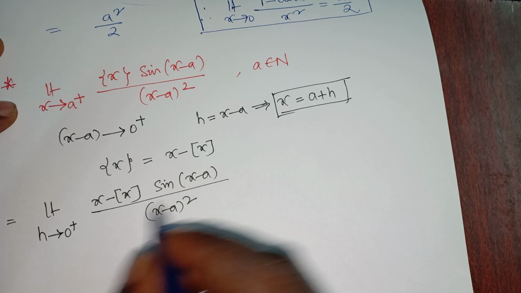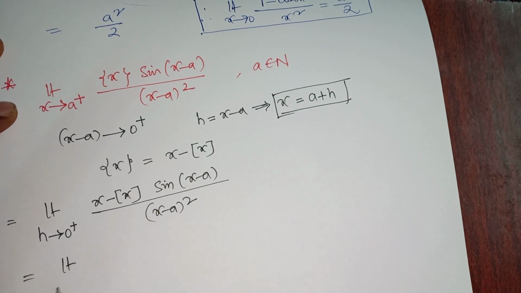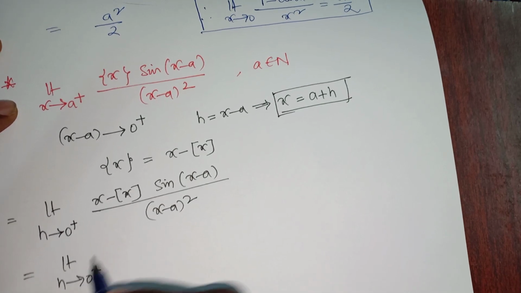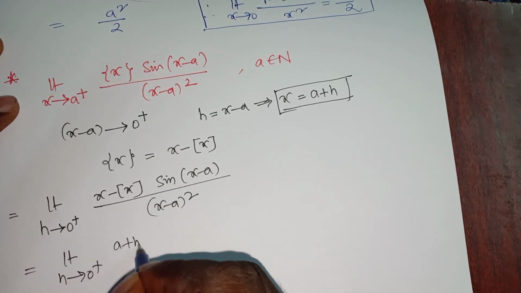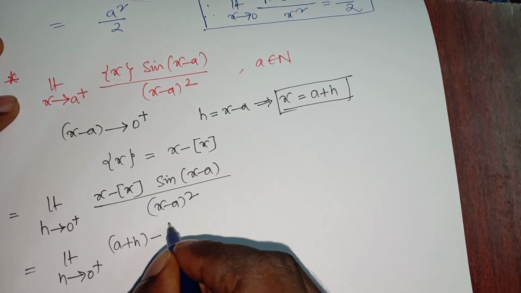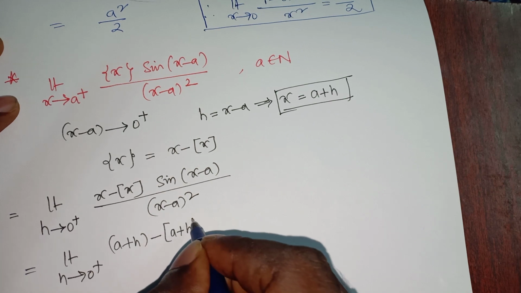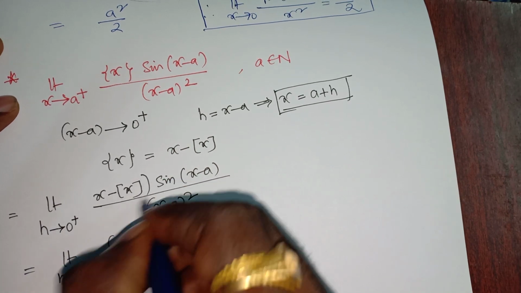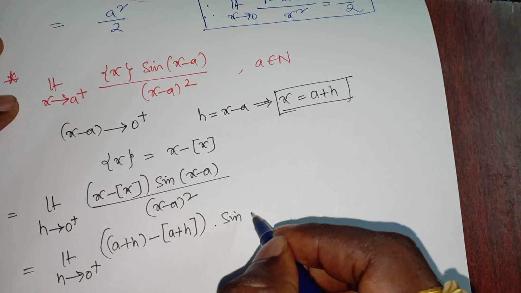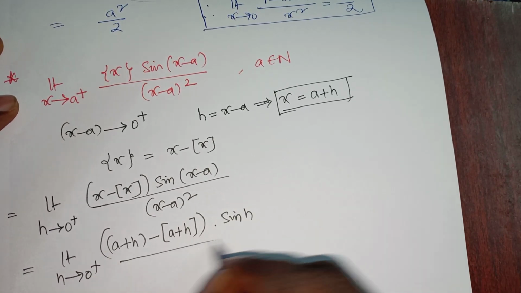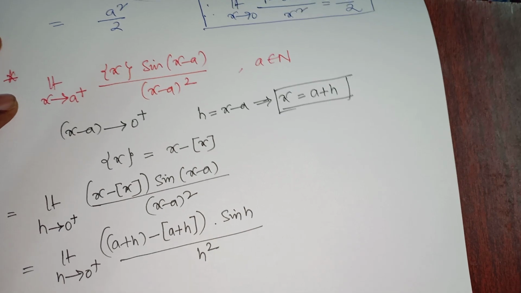Now replace x minus a with h, that is limit h tends to 0 plus, x is what? a plus h, so (a plus h) minus [a plus h], into sine h, whole divided by h square.